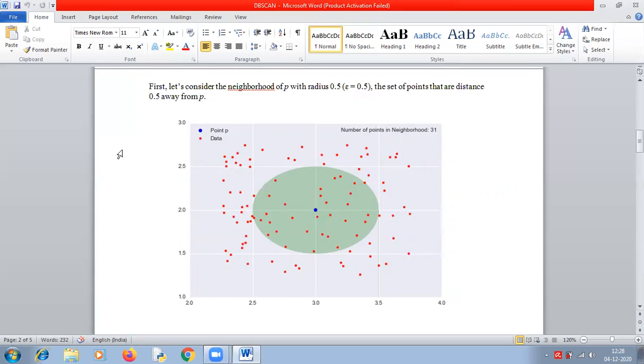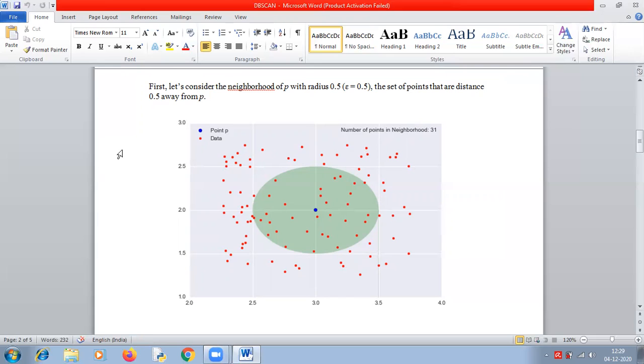Just have a look. We have around 30 or 31 data points within distance 0.5 from the point P, represented as the oval.